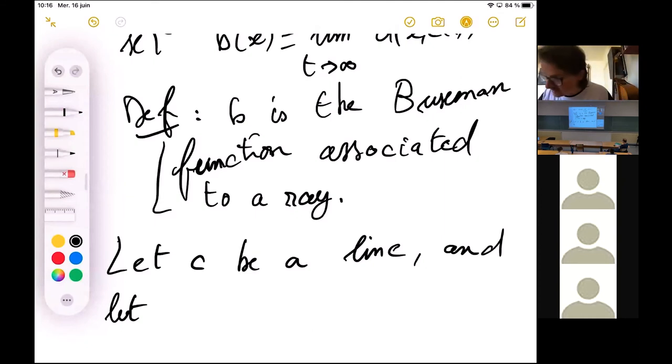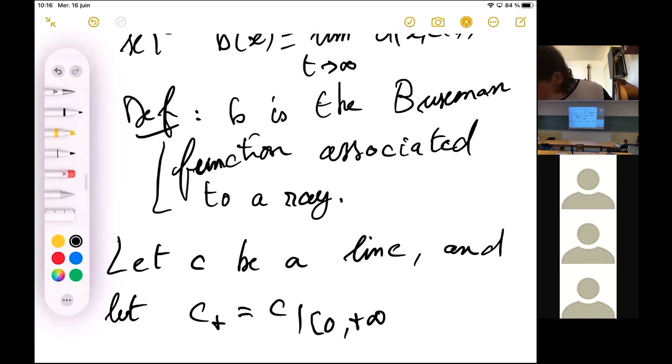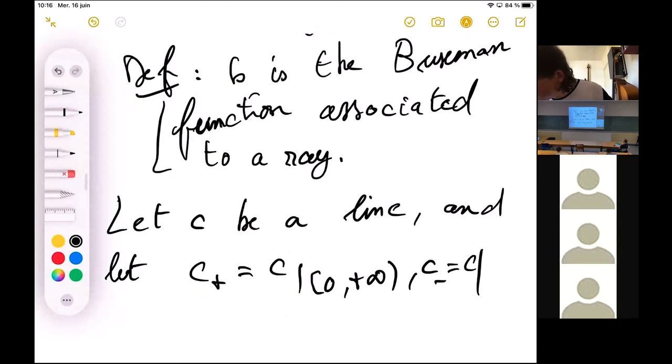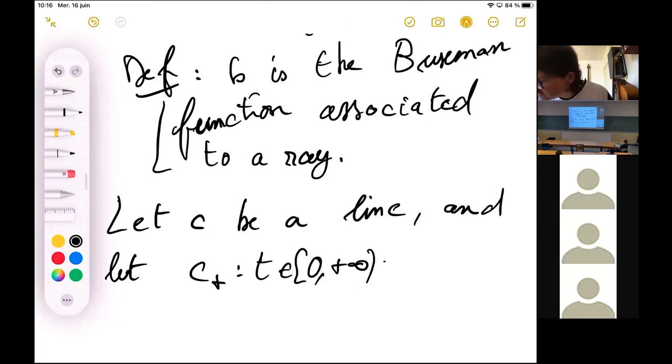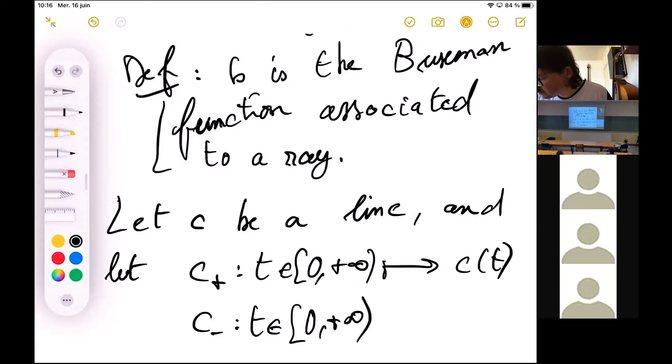And let c plus be the restriction of c to 0 to plus infinity, c minus be the restriction of c to the negative side. Yeah, I need to change the orientation, so maybe let's write it in full.